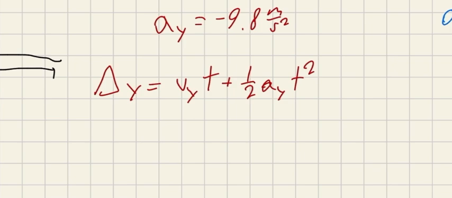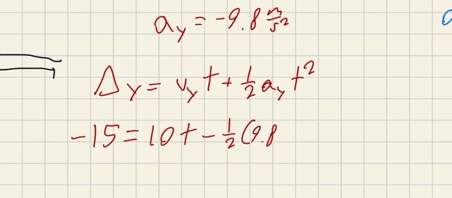Plugging in all of our variables, we have negative 15 equals 10t minus 1/2 9.8 t squared. The minus sign right here coming from the negative 9.8 meters per second squared.